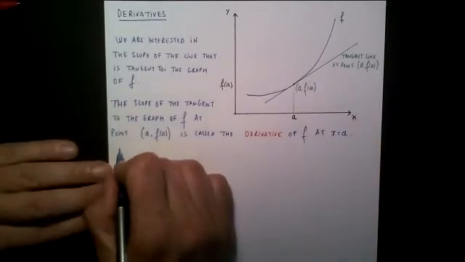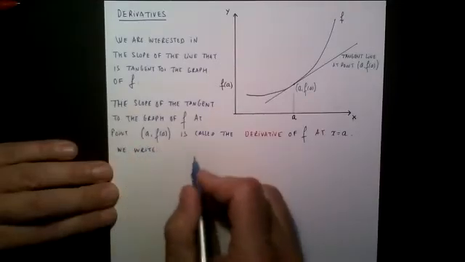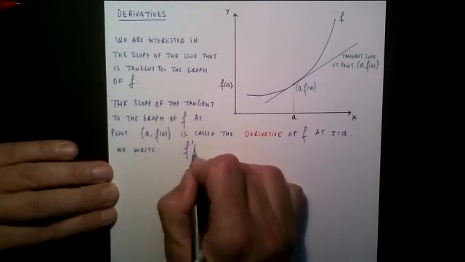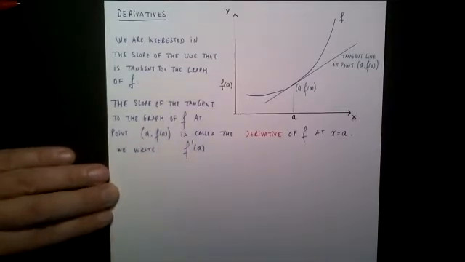And we write f prime of a. Okay, so this is the symbol.